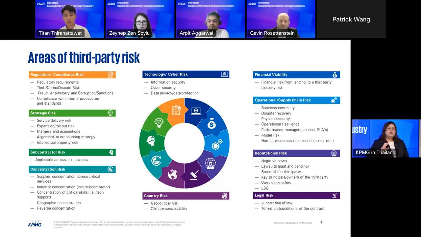So the key takeaway from the area of third-party risks: you already saw that there are a lot of risks here. Third-party risk is not just one risk but many risks, and different vendors and third parties will have different risks. For the different risks, you might have to find an expert for each risk to manage and control it in the right way.